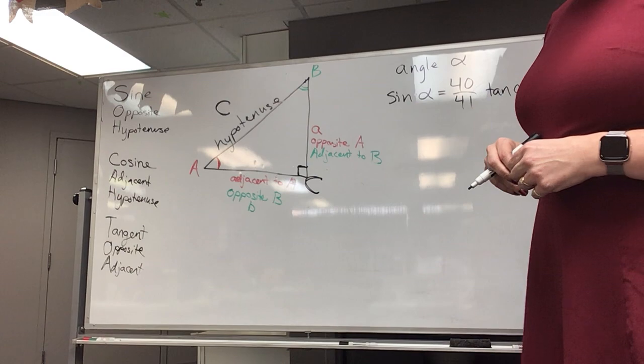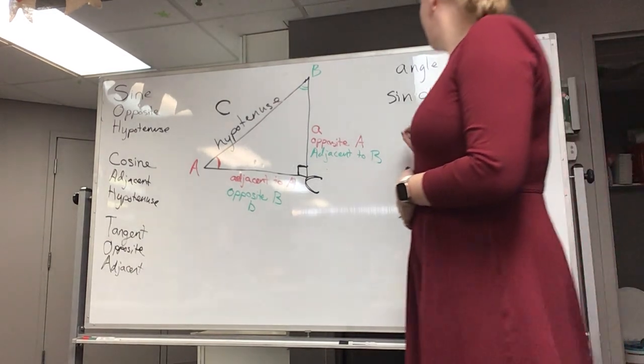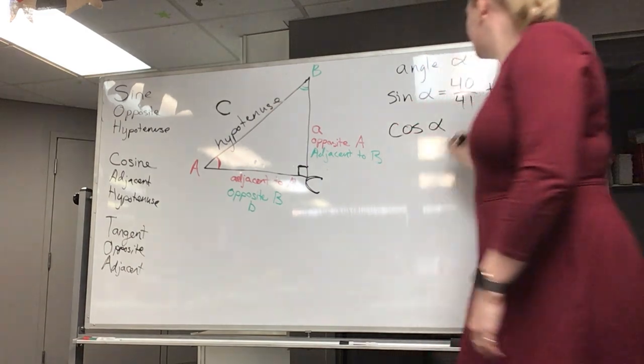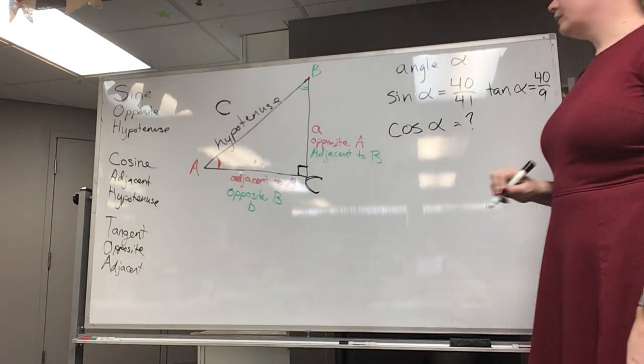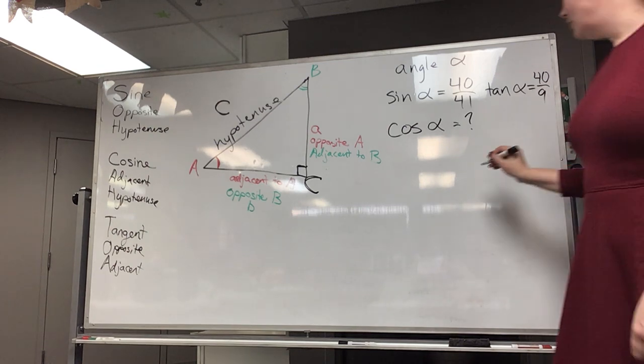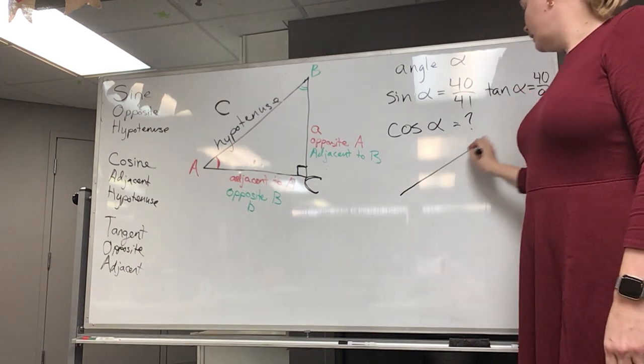They ask you, what is the cosine of alpha? This is not going to be a calculator problem. It's just interpreting what these things mean and getting it into the form.